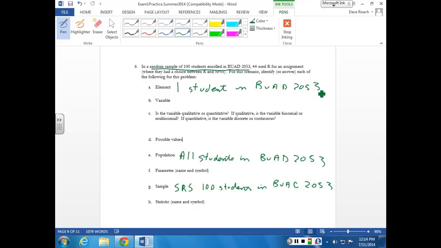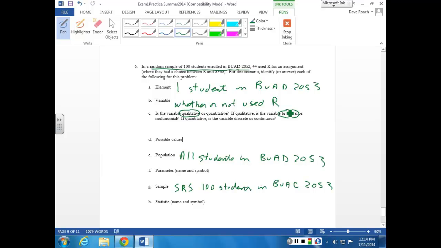The variable is just whether or not they used R in the assignment. That's a qualitative variable, two categories. So I'll just put whether or not they used R. That is a qualitative or categorical variable with two categories, so that's a binomial.